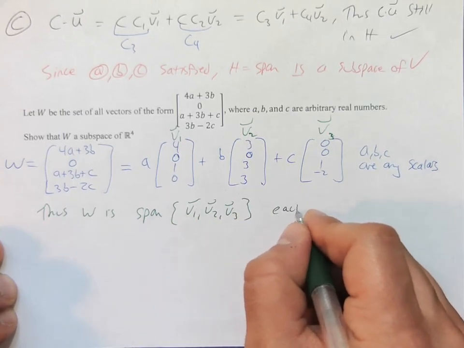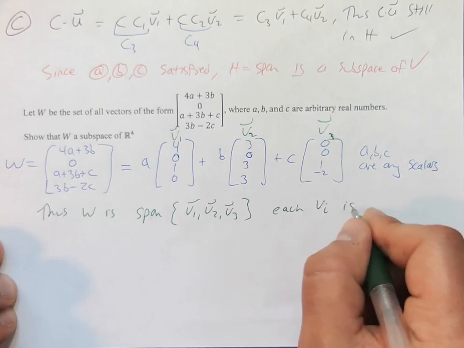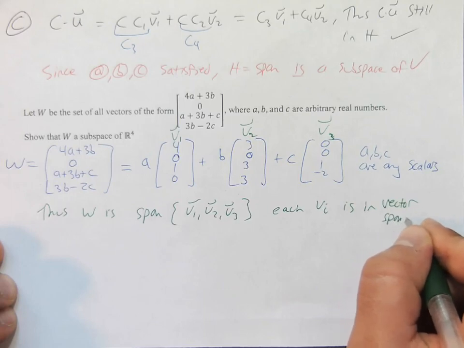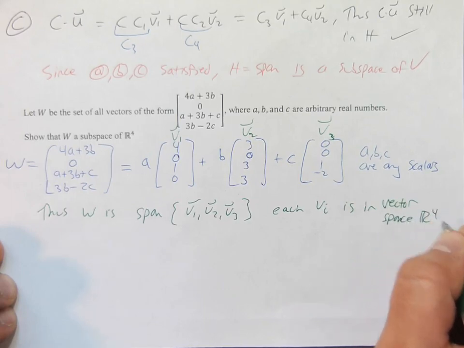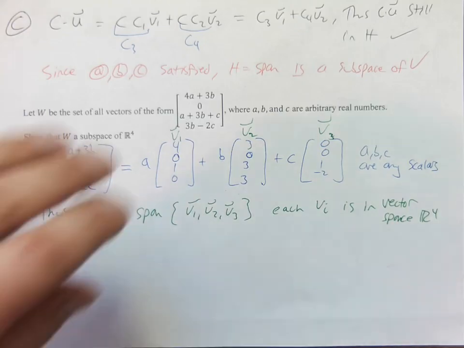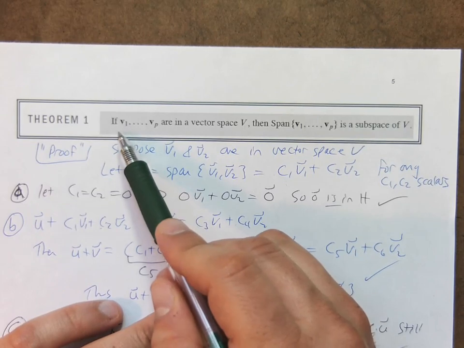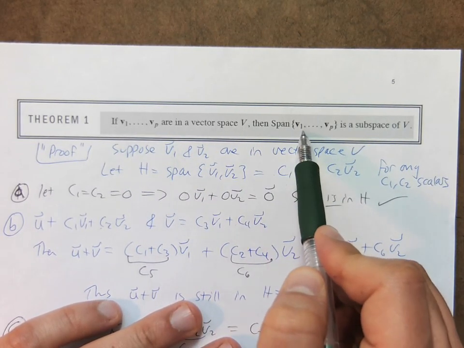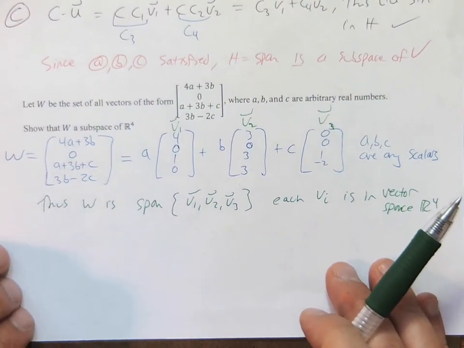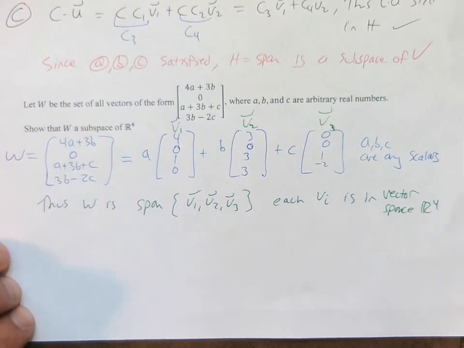And each V sub i is in the vector space R4. So we have our W is the span of vectors in a vector space, which follows exactly what this theorem is, right? Our vector space is the span of V's, and the V's themselves are in a vector space. And so that means our space, by that theorem, is a subspace.